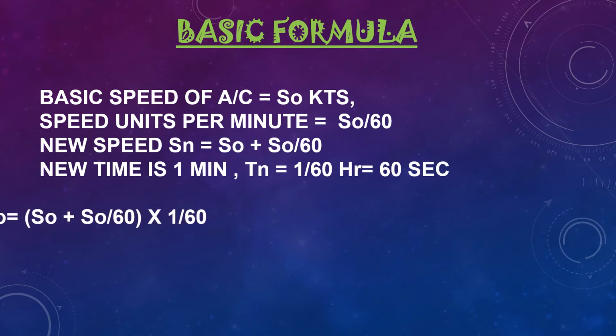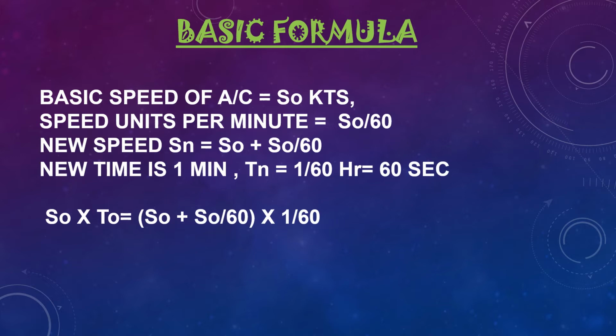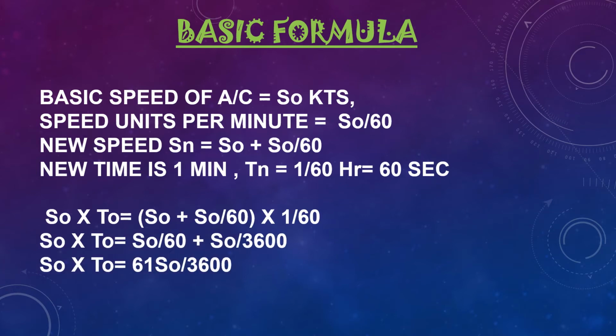Putting these values into the basic formula, we get SO into TO is equal to SO plus SO by 60 into new time, which is 1 by 60, which also gives us the value of TO as 61 seconds.